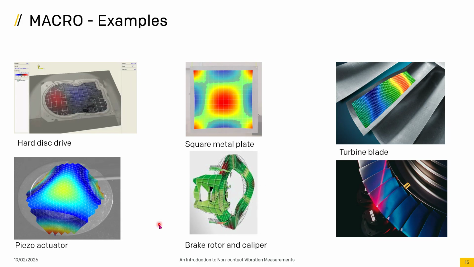Piezo actuators, piezo sensors, ferroelectrics, all that is definitely an up and coming field as well. So anytime you want to identify eigenvalues and eigenvectors, that's where some of these non-contact techniques shine as well.